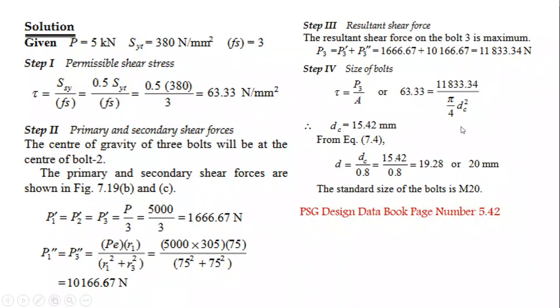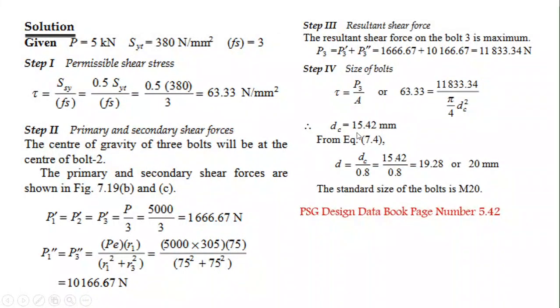From this equation we can find the dc value, the core diameter. From this core diameter we can find the standard outer diameter of the bolt, or else using the equation dc equal to 0.8 d, we can find the outer diameter. From this we get 9.28.